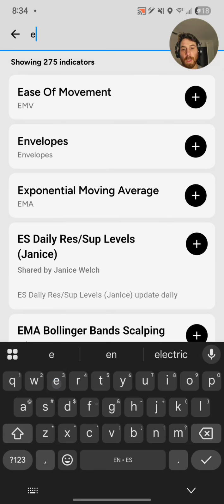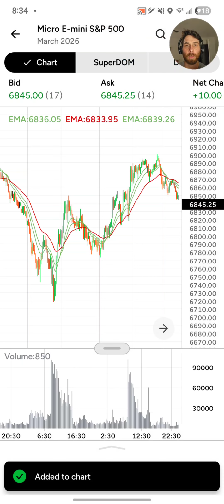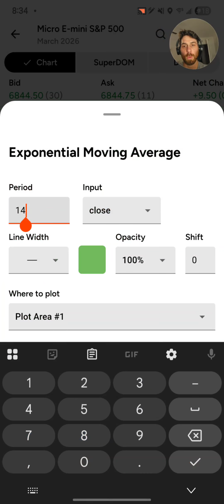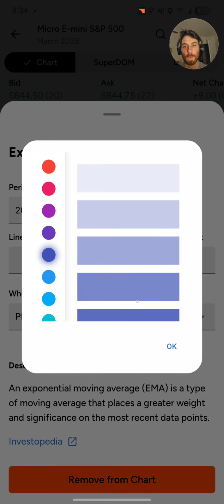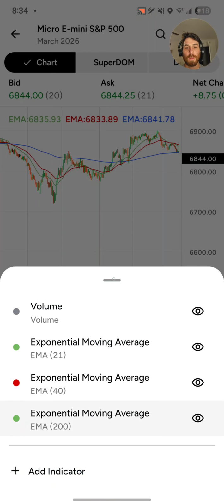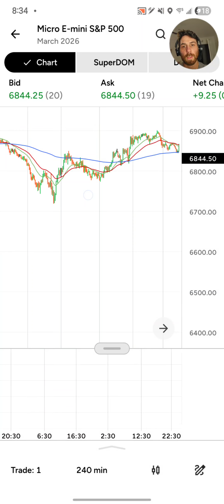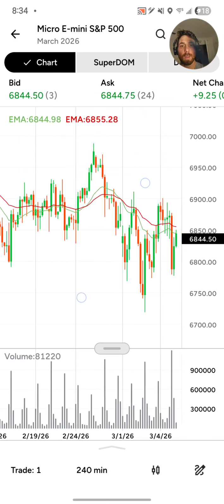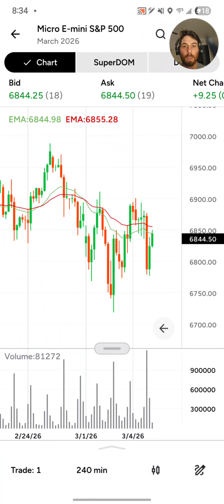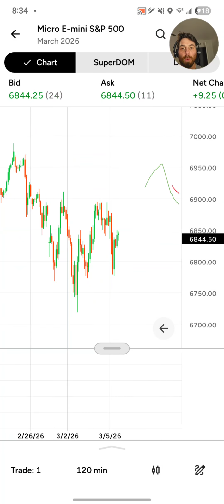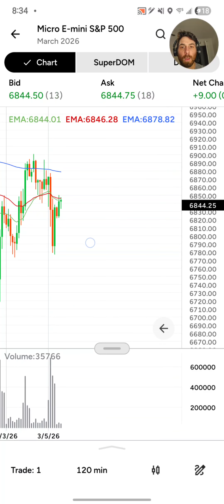And then the other EMA that I like to add to show the long-term trend of the market is the 200 period, and that's going to be blue. That way, if we look at the 240, and sometimes it takes a second to show up, and if it doesn't show up on the 240, then we can look at it at the 120.